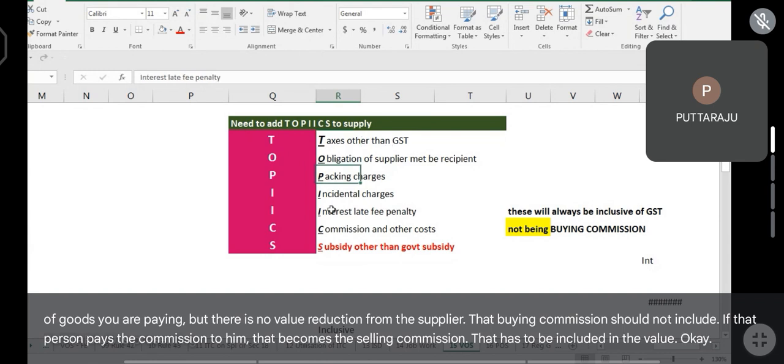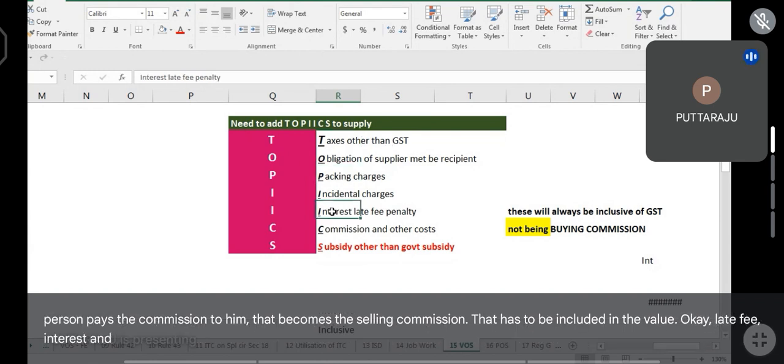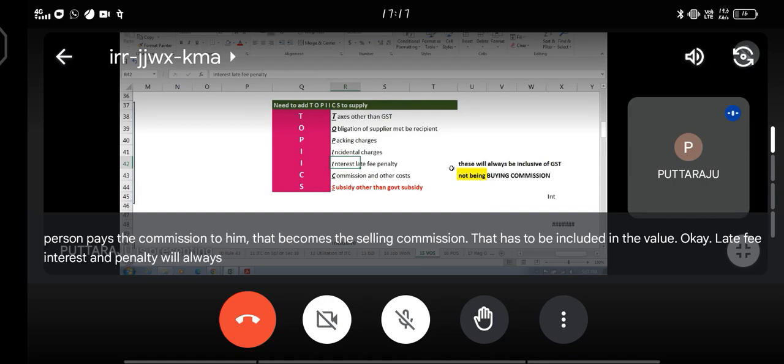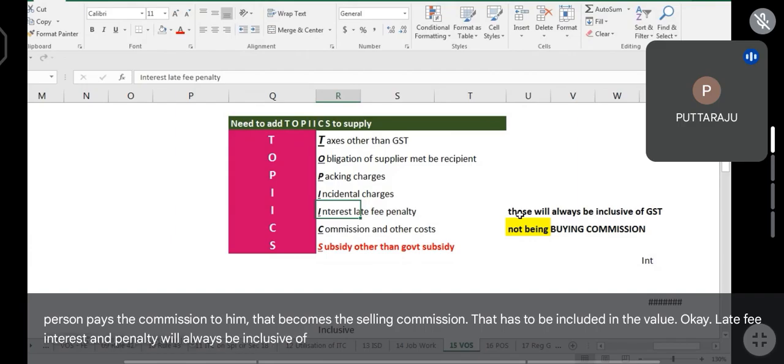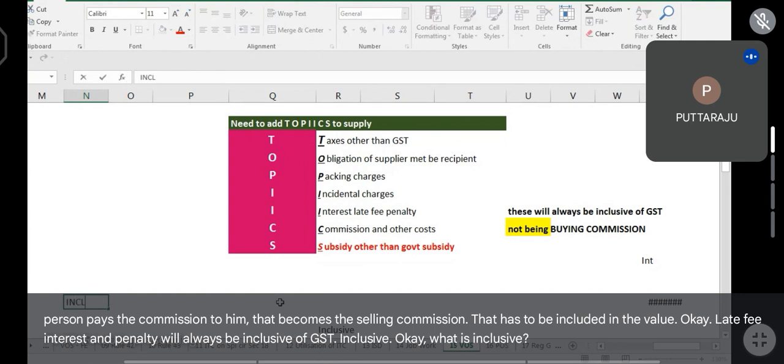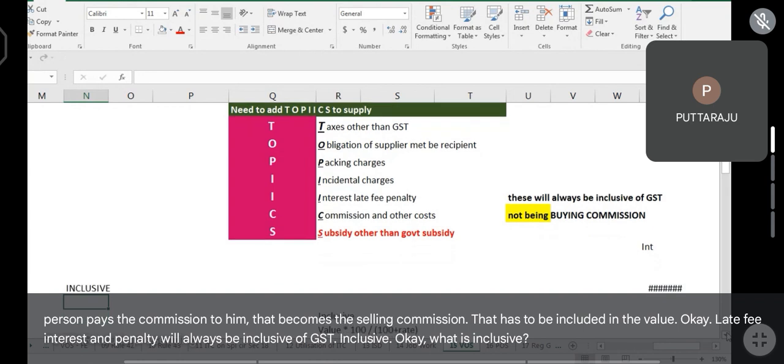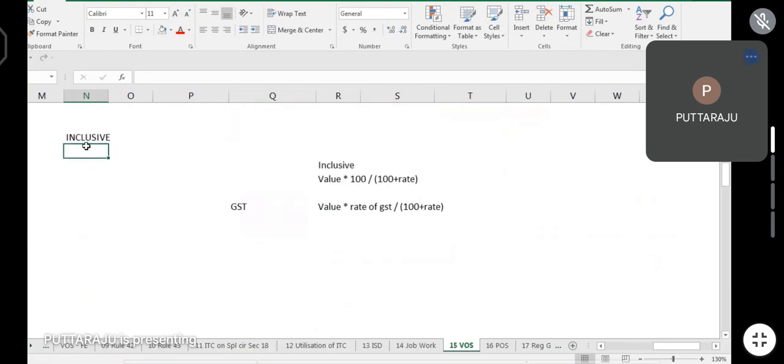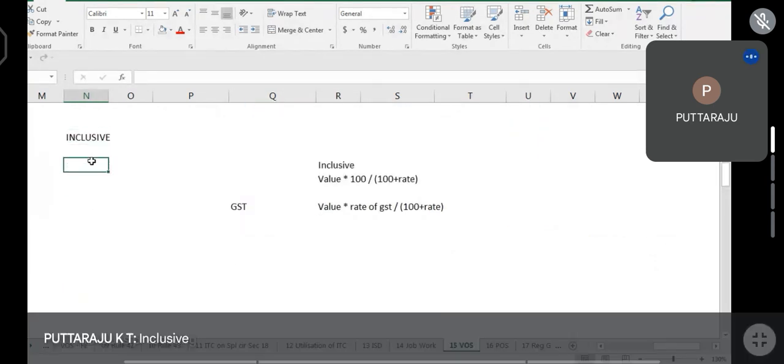Okay. Late fee, interest and penalty will always be inclusive of GST. What is inclusive? Inclusive means, assume value is 1000.